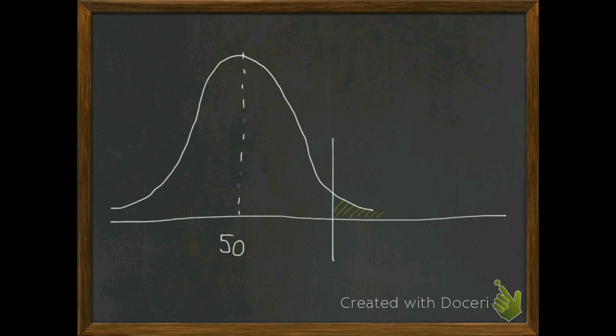And what separates the reject and the fail to reject region is a t critical of 1.69 and a sample mean of, I forgot, 53.20.